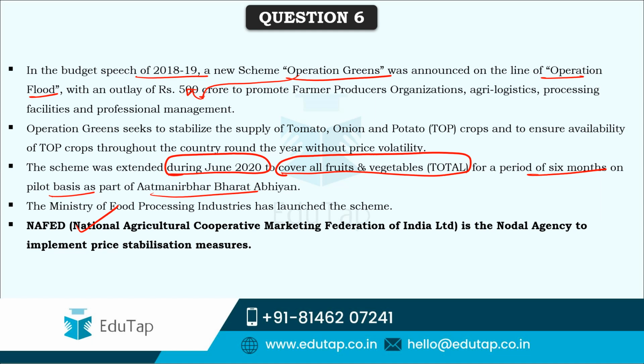Now this Operation Greens, or TOTAL, tries to ensure availability of crops throughout the country round the year without any price volatility. This is just to curb inflation or price volatility for these crops. The Ministry of Food Processing Industries has launched this scheme, with NAFED as the nodal agency.